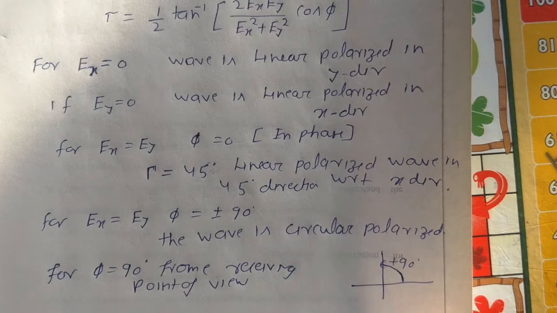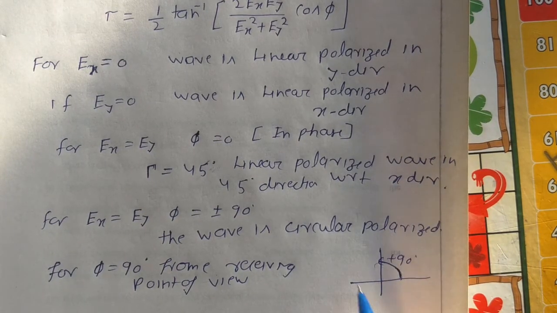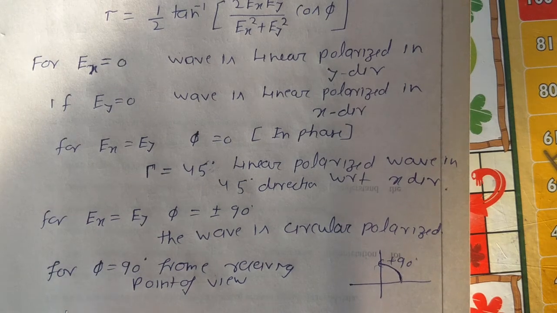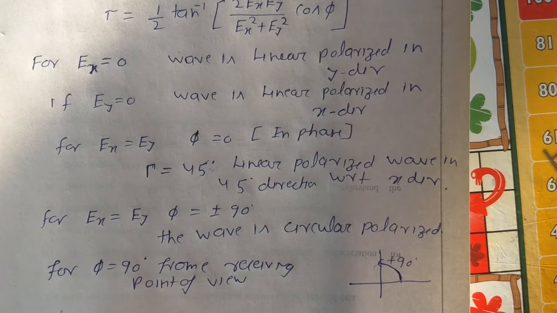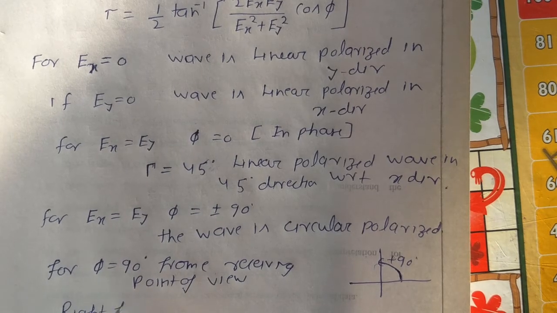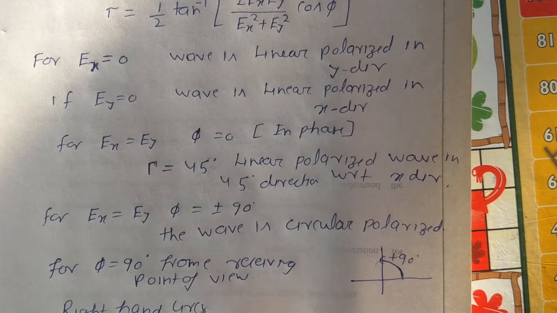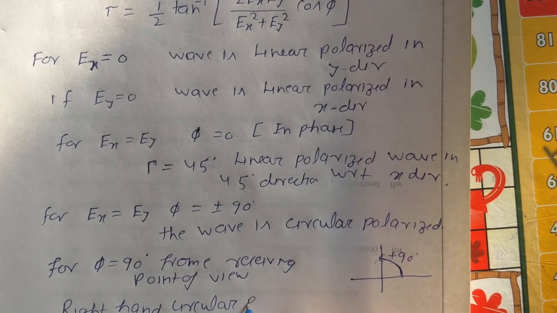From the receiving point of view, the wave is moving in anti-clockwise direction, and this wave is known as right hand circular polarization.